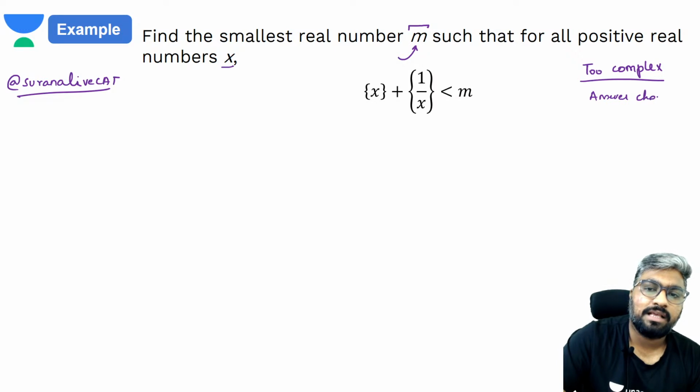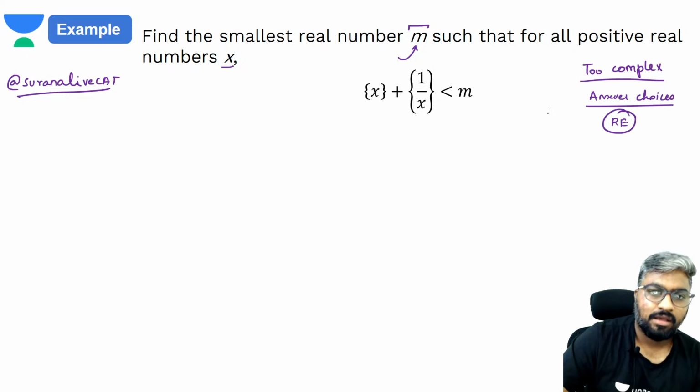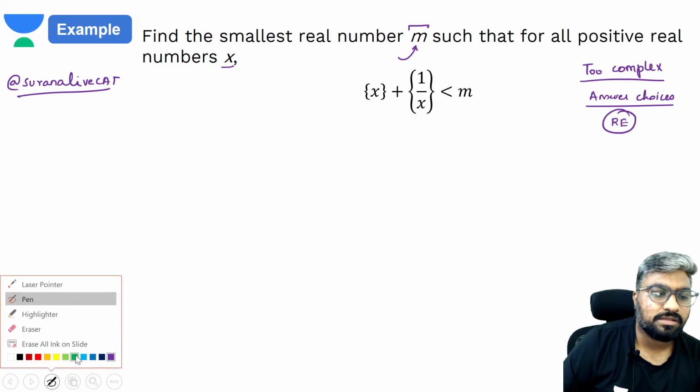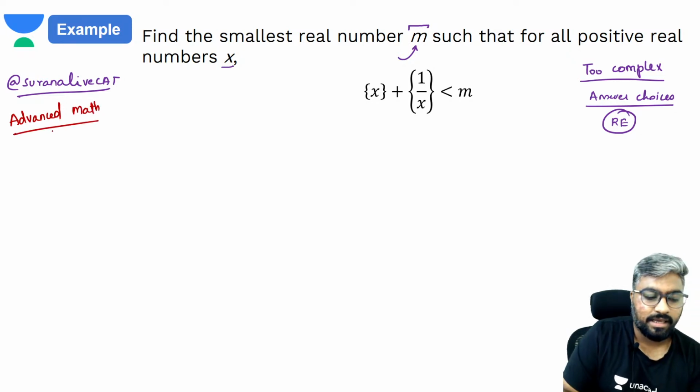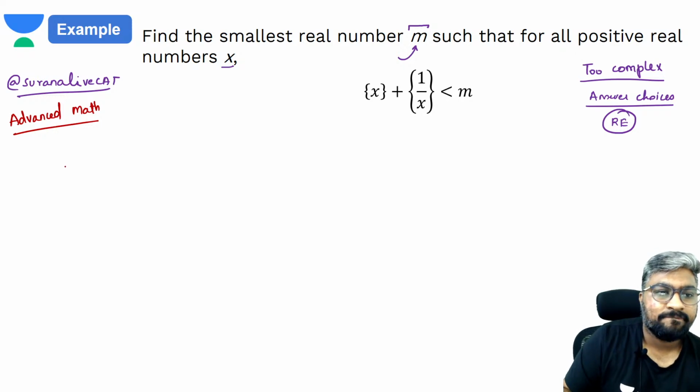If there were answer choices, then we could have gone reverse engineering and at least given it a shot. I'll show you the complexity of this question. This is actually one of the questions from advanced mathematics which don't get asked in CAT. Yes, advanced mathematics ka question hai ye. So have a look at this, okay?